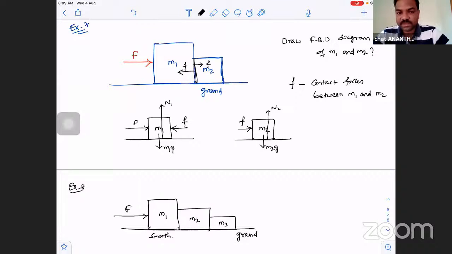Entire friction we are going to discuss in the next chapter. So all of you draw the free body diagram for M1, M2, and M3.